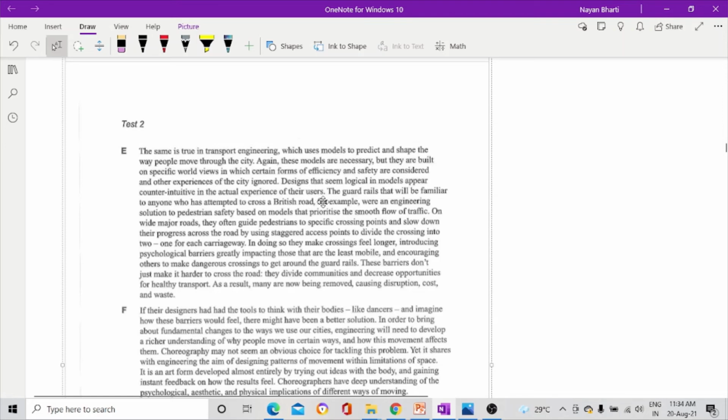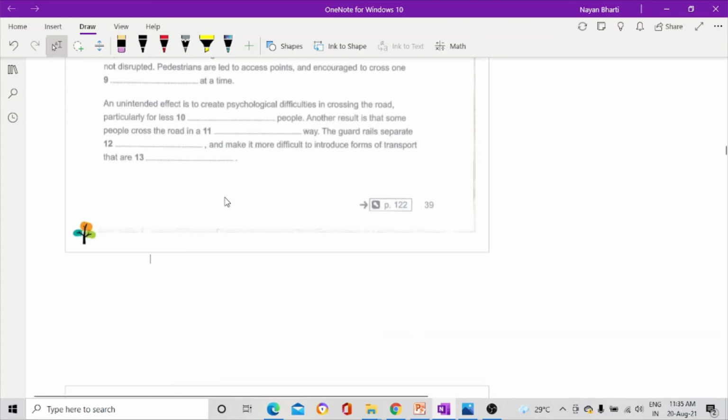So they are saying that whatever they have thought about is counter, like it's different from what the users are getting. So it's reversed. Right, if you read this line, thought about the user experience is completely reversed in that way. So this will be your answer. This one.